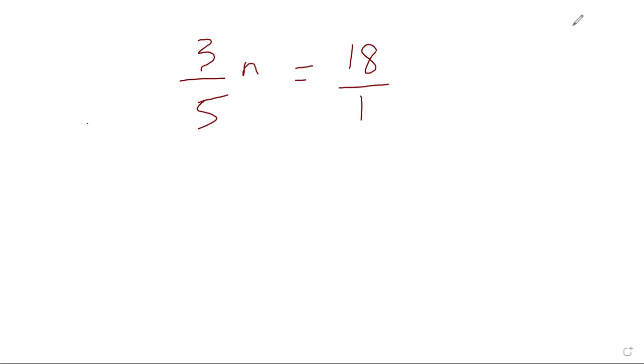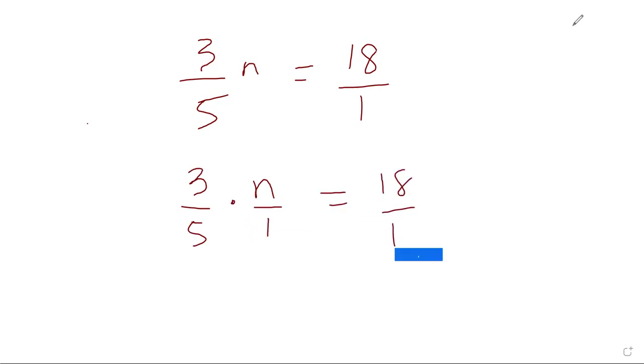And then also think of the variable n as n over 1. So 3 over 5 times n over 1 equals 18 over 1. Anything divided by 1 is that same thing. So if you multiply like that, you're going to have 3n over 5 equals 18 over 1.